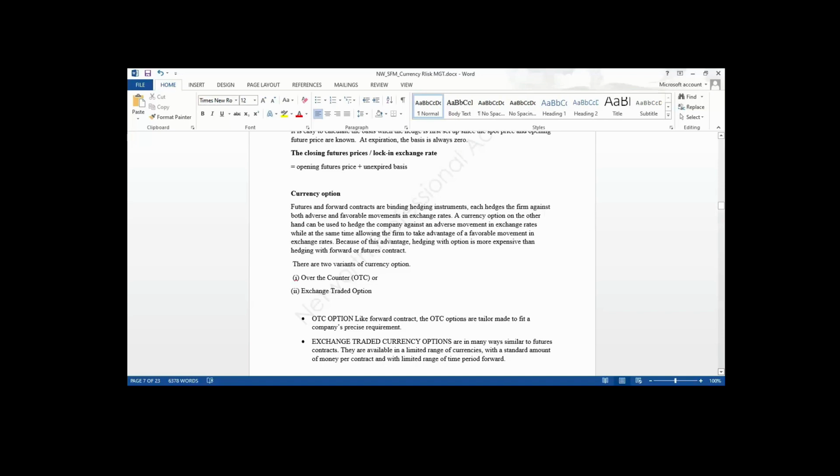It's a right, not an obligation, to buy or sell foreign currency at a predetermined exchange rate. That predetermined exchange rate is known as the exercise rate.